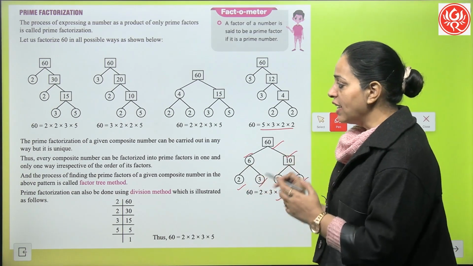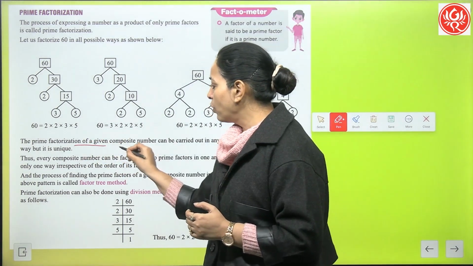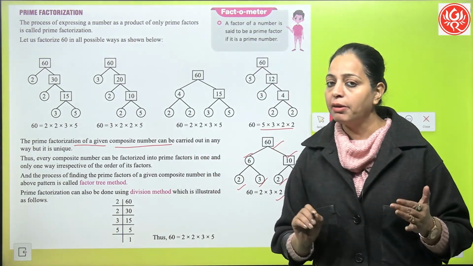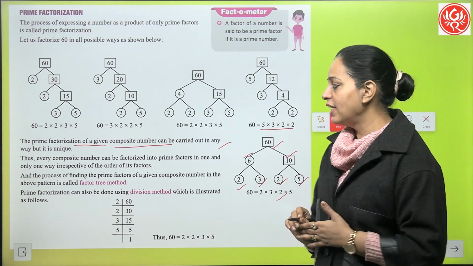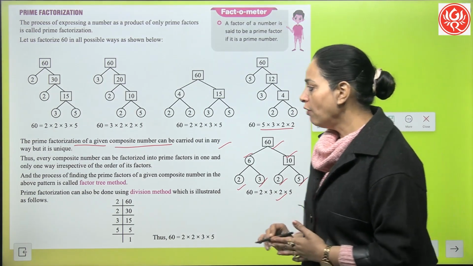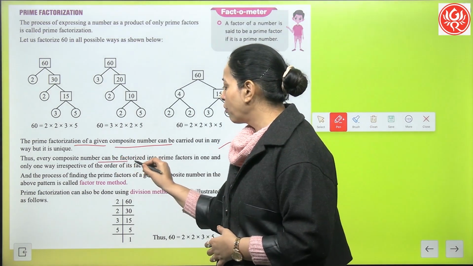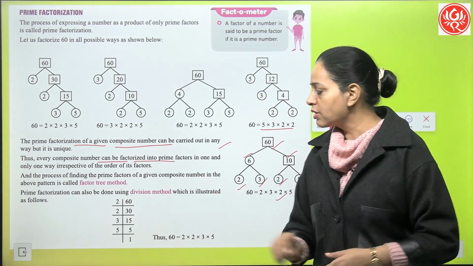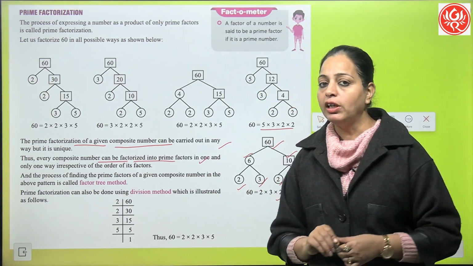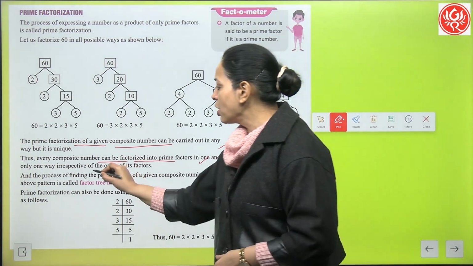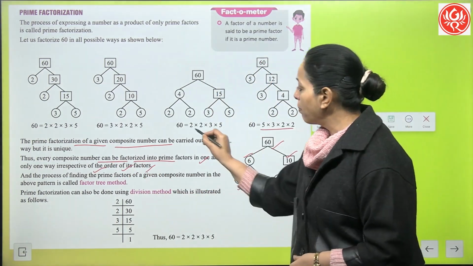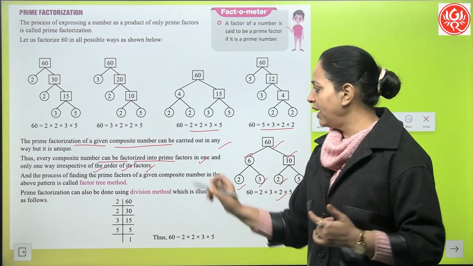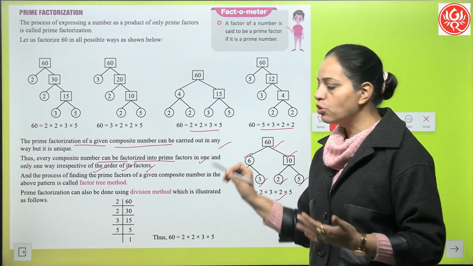So you can see the prime factorization of a given composite number can be carried out in any way, but it is unique. Every composite number can be factorized into prime factors in one and only one way, irrespective of the order of its factors. हमारे पास आएगा एक ही आंसर like 2 into 2 into 3 into 5.